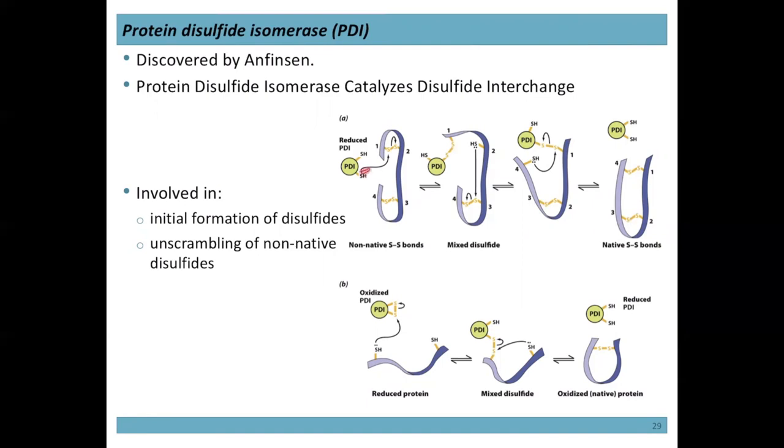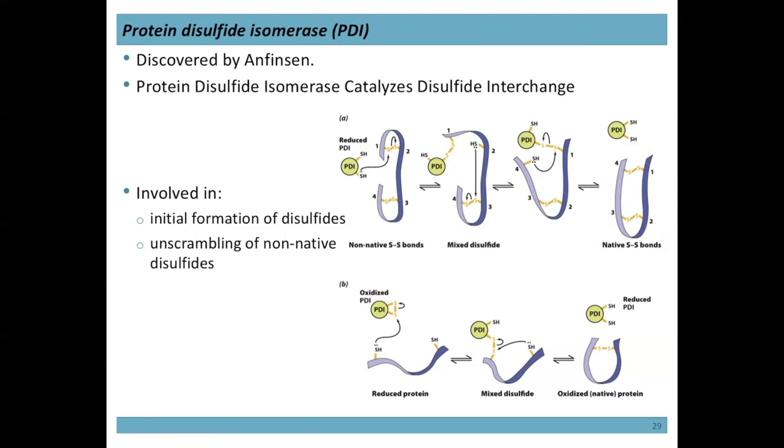It comes in and attacks a disulfide and makes a new disulfide here. Then this free thiol can come over and attack that one, and now I've got a new disulfide within the backbone. So 2 and 3 are now connected. That would expose 4, and 4 could then attack 1 and kick out the PDI. Then if that arrangement was the more favorable one, you would settle into that arrangement.